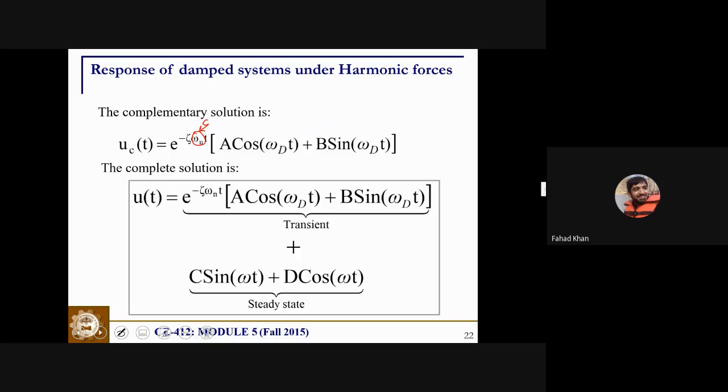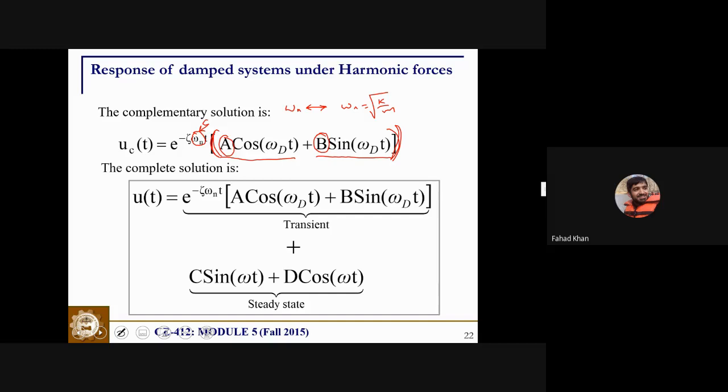Since it depends on initial conditions, we have omega n, meaning the properties of the structure itself, which is equal to square root of k divided by m, multiplied by, in the bracket, A cos omega d t plus B sine omega d t. The values of A and B are to be determined using the initial conditions.